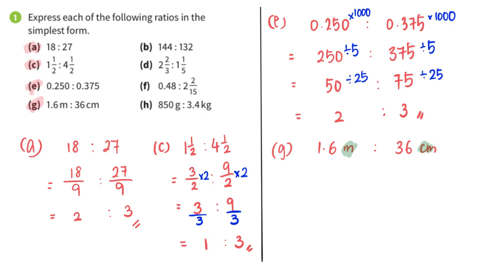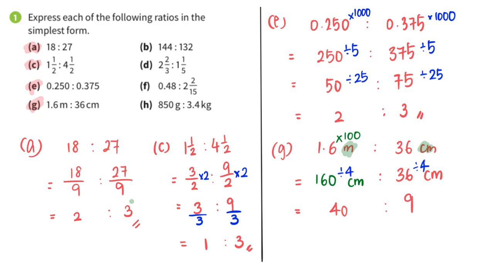So in this case here, I would actually multiply by 100 so that I will get 160 cm is to 36 cm. And from here, then I could slowly divide already. I realized both can be divided by 4, to give me 40 is to 9, and that actually is the simplest form.